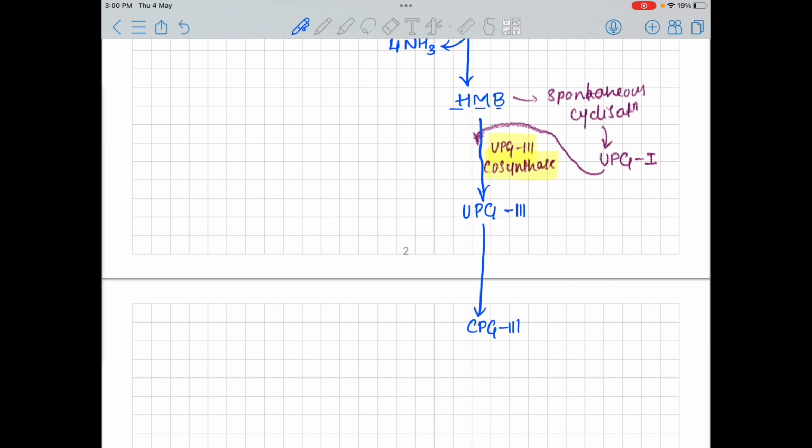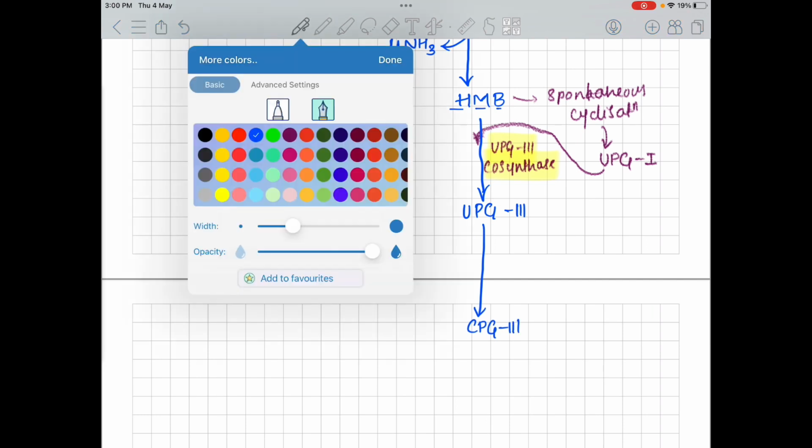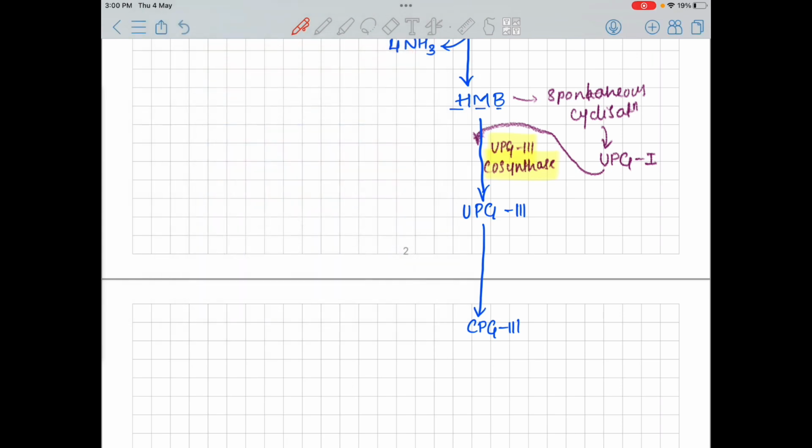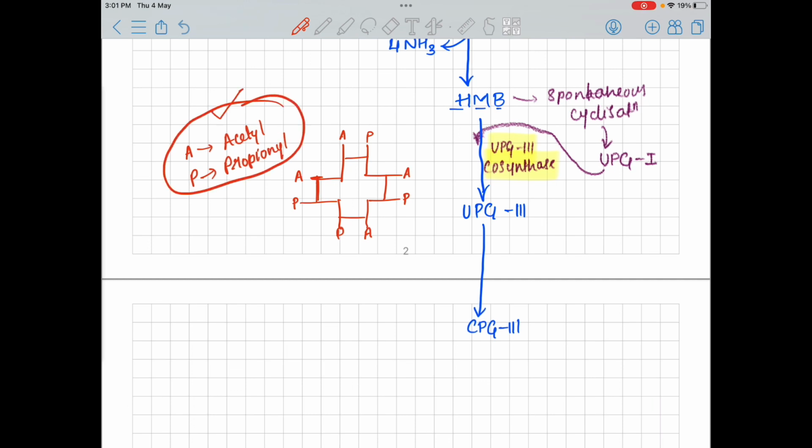Now UPG3, we do not need to remember its structure exactly, but we need to at least know it. The structure of UPG3 is as follows: AP, AP, AP, and here there is PA, where A stands for acetyl group and P stands for propionyl group.